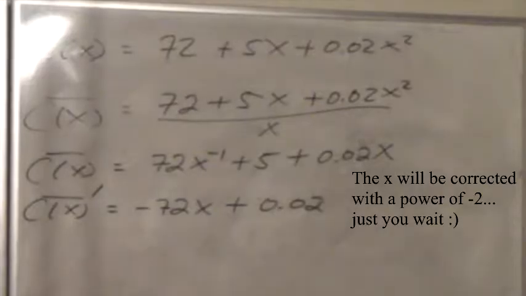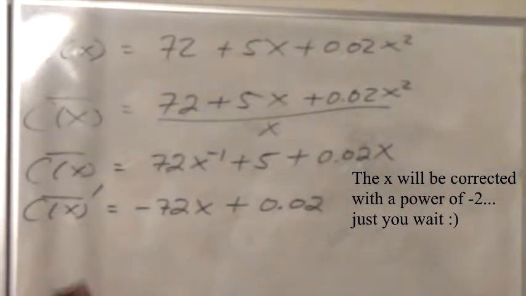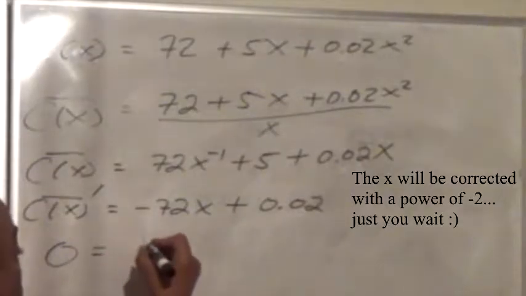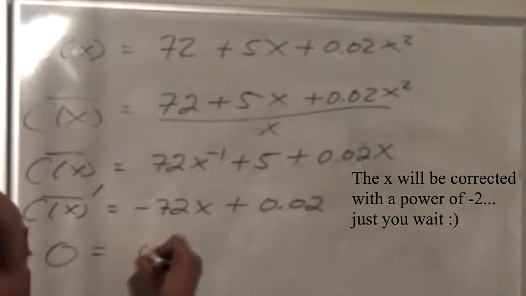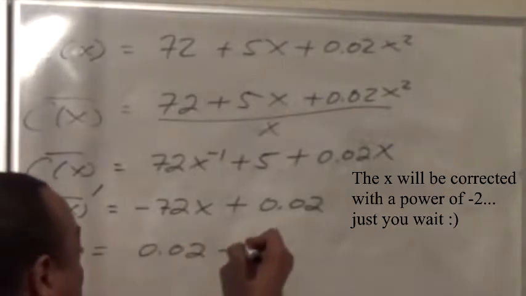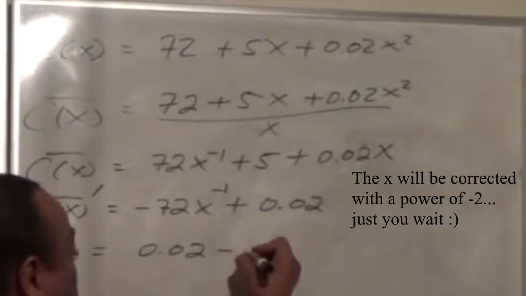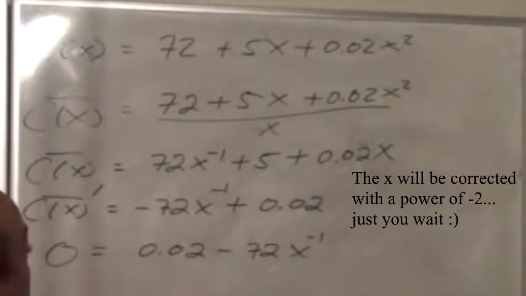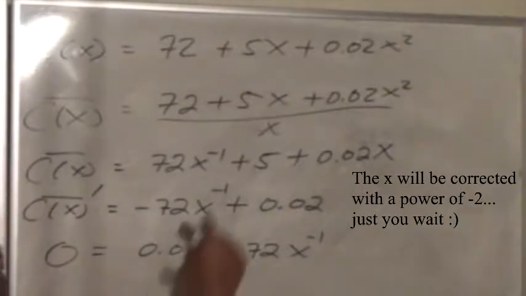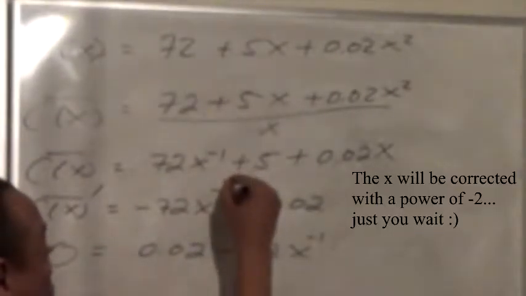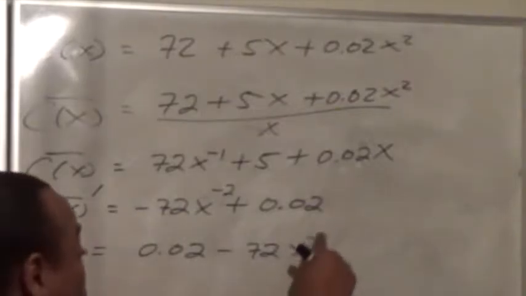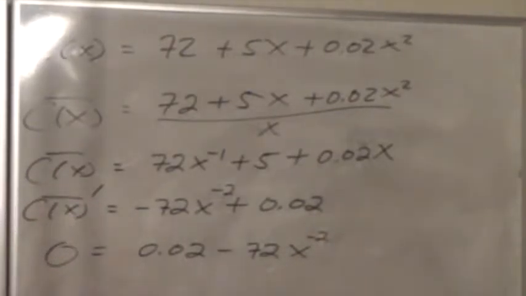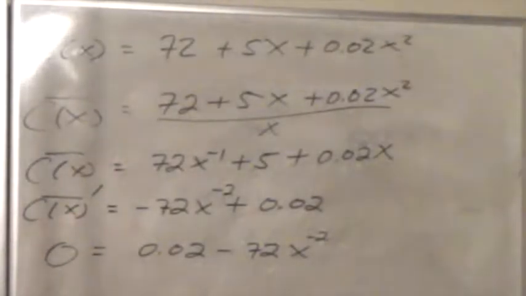And to minimize this function, we're going to set it equal to 0 and solve for x. I did forget to subtract 1 from the exponent here, so this will be x to the negative 2 power. Okay, now to solve this, I want to get rid of all my negative exponents, which is the x to the negative 2nd power.